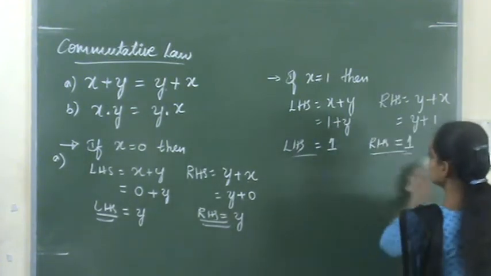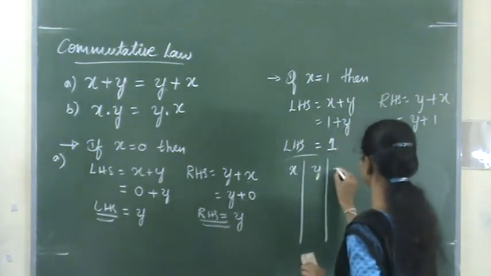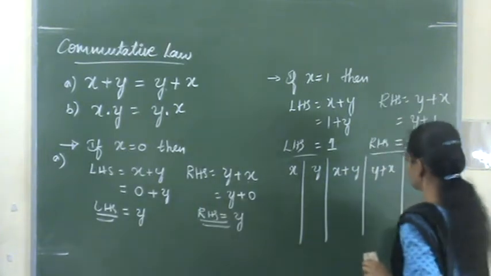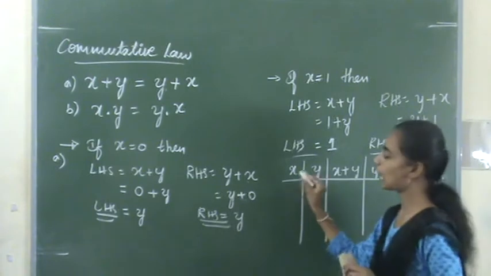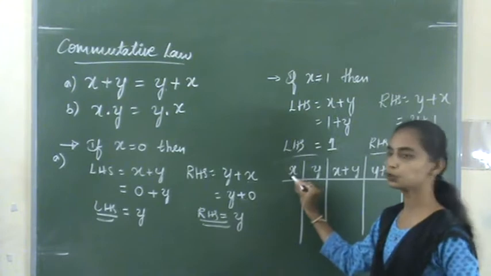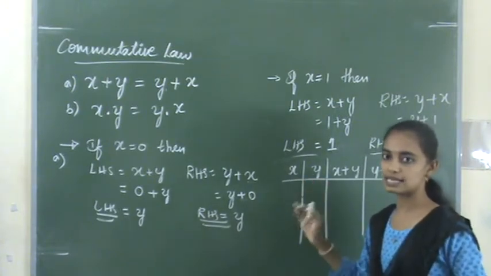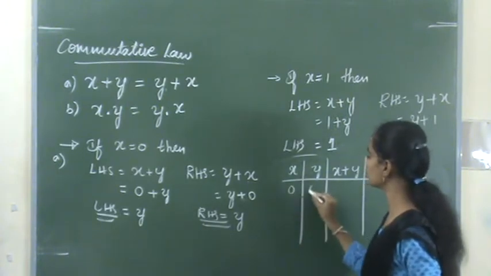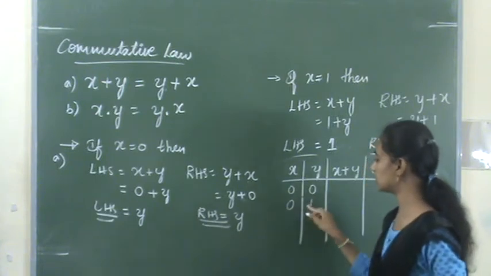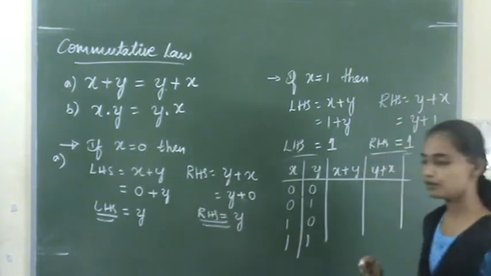As I told you in previous classes, if we are using two variables, we have 4 possible ways to represent the zeros and ones. Both values can be 0, or one value is 0 and the other is 1, or both values are 1.